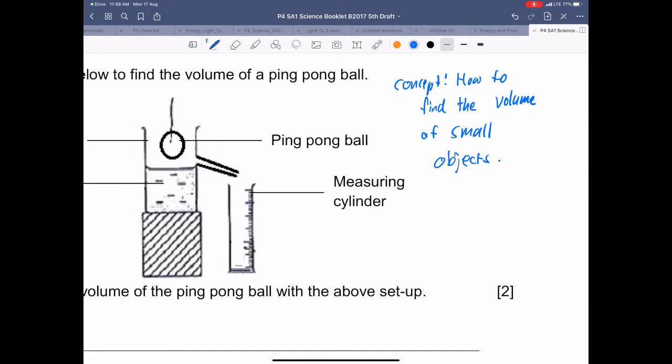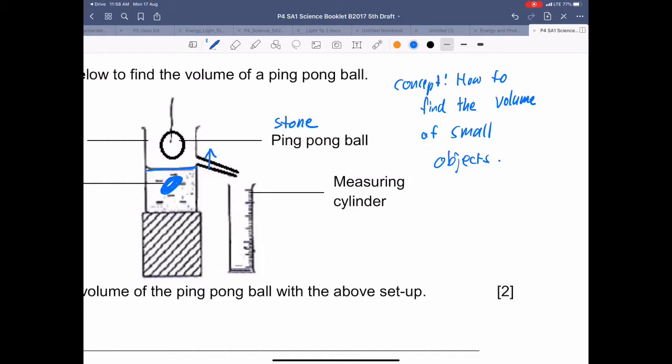So in this sense, what happens is, normally if you put in a stone, not a ping pong ball, a stone, the stone should sink in, and the water level, which was here just before it flowed out, will increase.